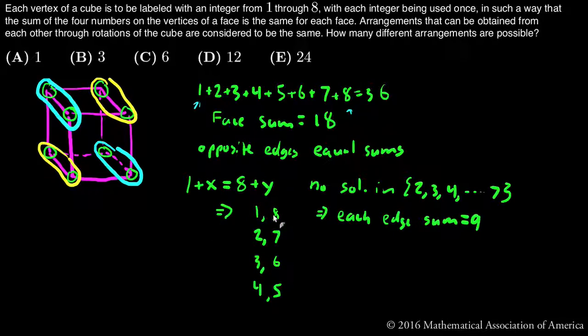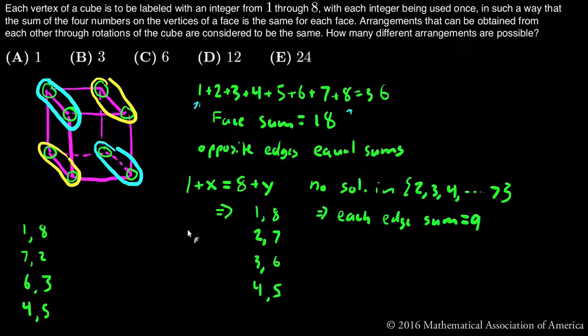So this doesn't work, but if I keep 1, 8, this order, and do this, the way that I can switch these around is 1, 8, 7, 2, 6, 3, and 4, 5.